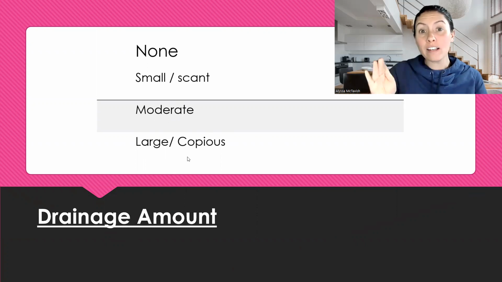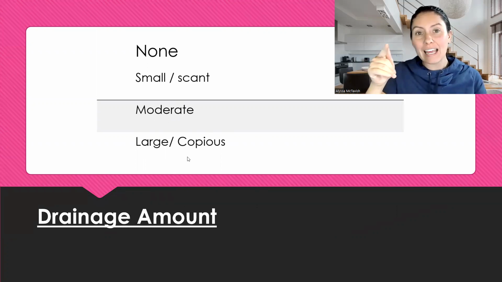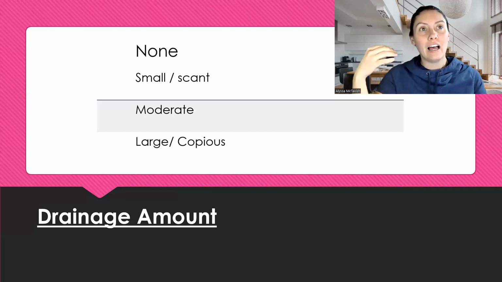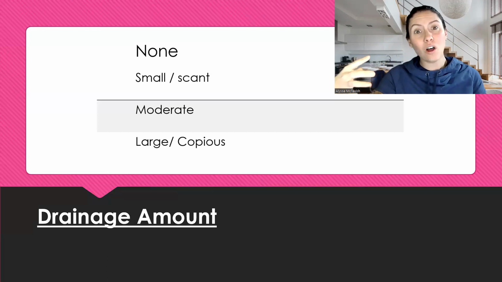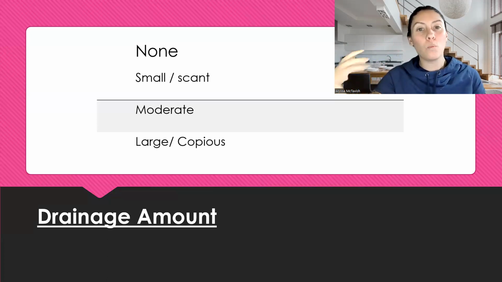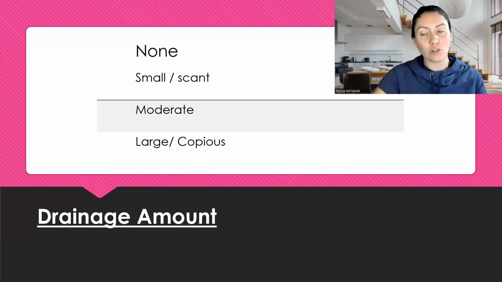When there are no bandages on it, you can see it almost form teardrops out of the wound. We see this in people with venous disease a lot, so venous leg ulcers, where you can literally see it dripping out of the wound. That's going to have a large copious amount of drainage.